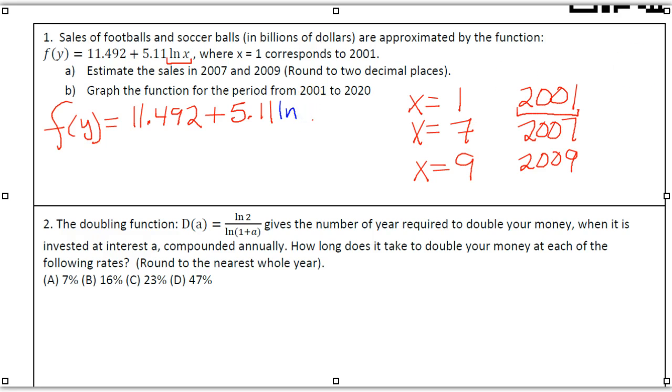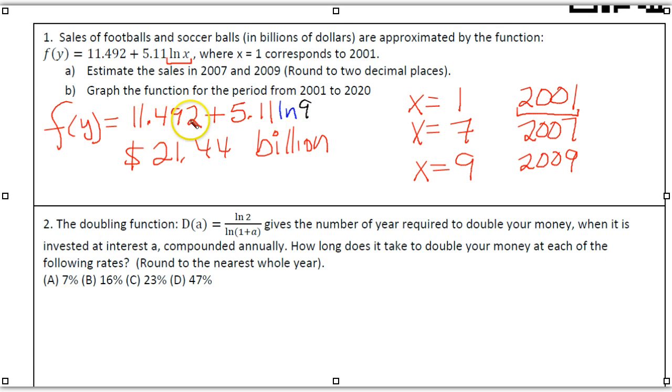So when we do that, just putting all of this in the calculator just like this, and we hit enter, we get 21.44 billion dollars. And you see footballs and soccer balls are quite a money earner for someone there.